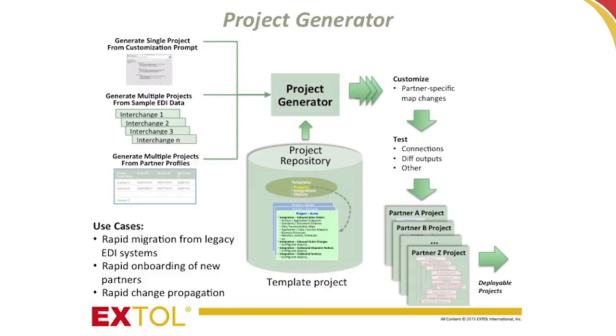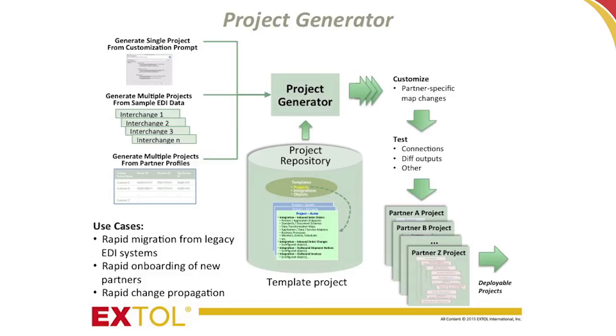So what this allows you to do is rapid onboarding of new trading partners and rapid migration from legacy EDI systems. It really cuts down on the amount of work that has to happen. For example, if an EDI manager comes to you and says, how soon can you be ready to test with trading partner A?